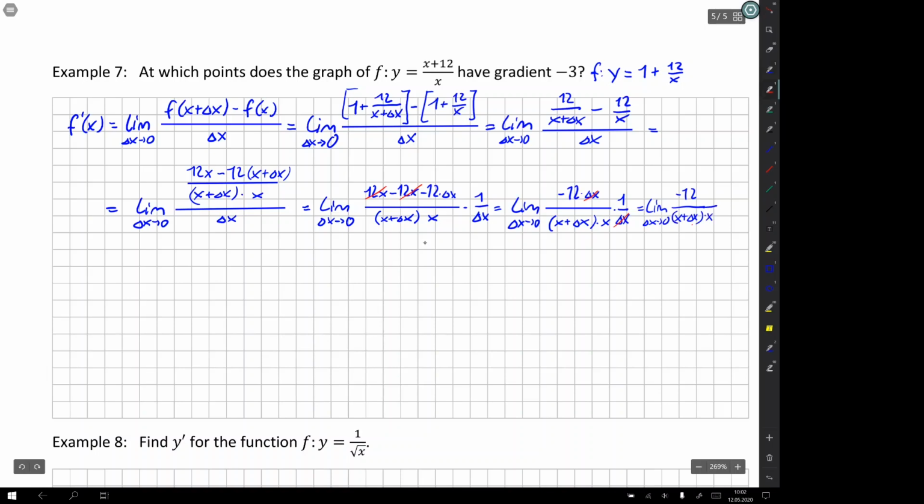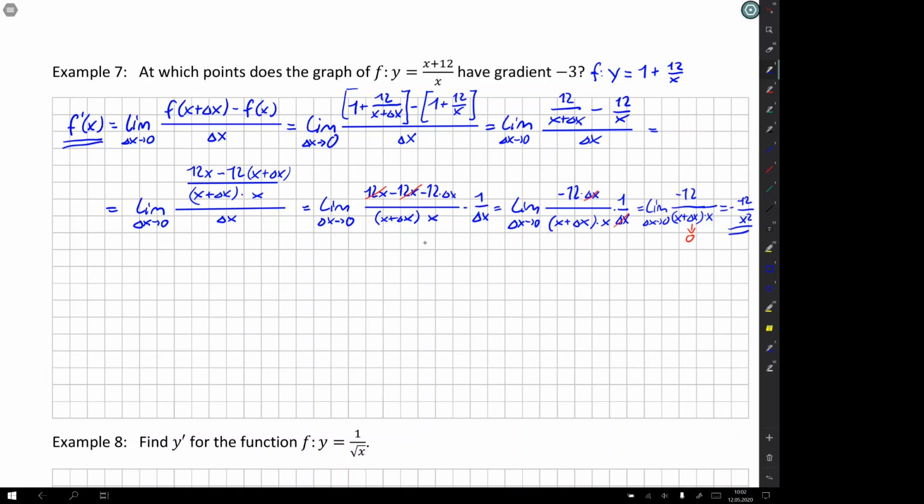The delta x goes to 0, obviously. So what remains in the end is just minus 12 divided by x squared. So this is my derivative function.